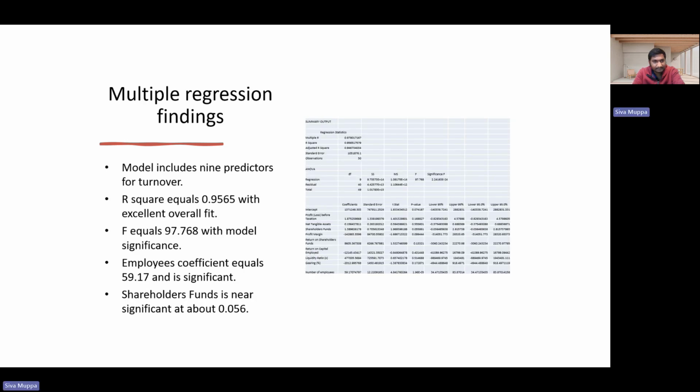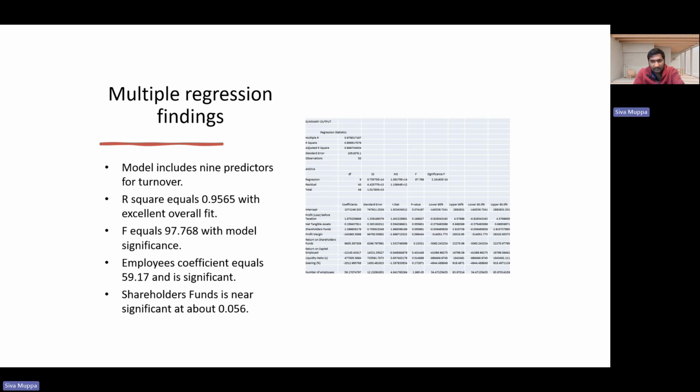The next slide is all about multiple regression findings. The overall specification describes close to 95.65% of turnover variance, which means considerable collective predictive value.